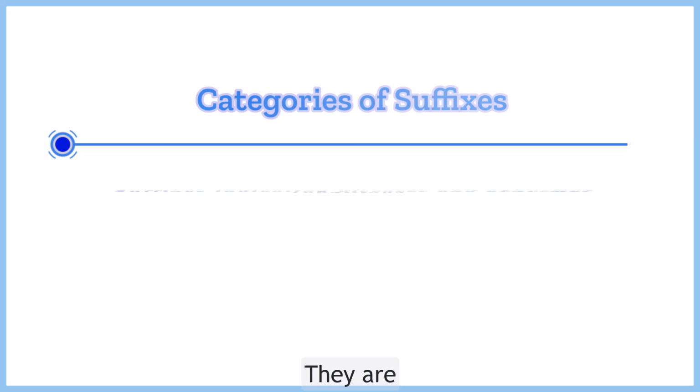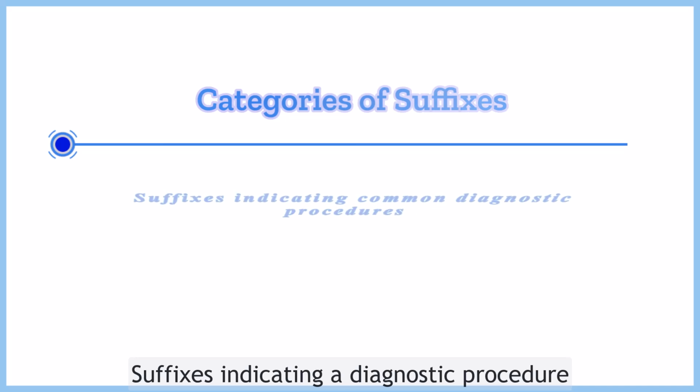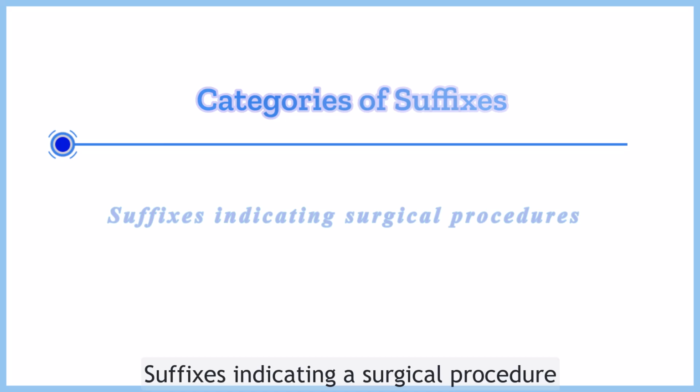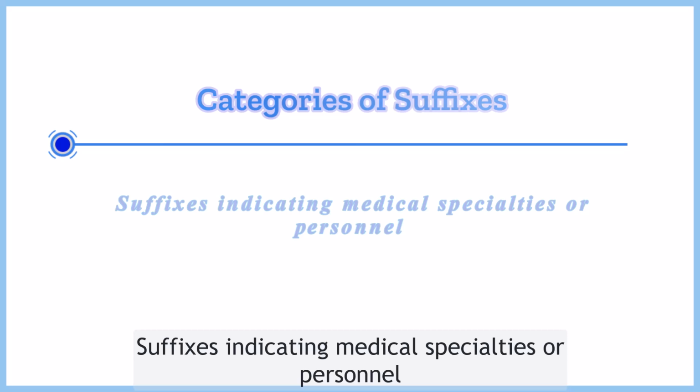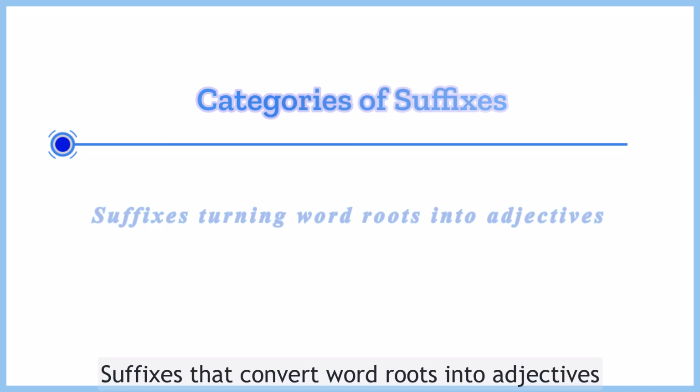They are suffixes indicating diseases or abnormal conditions, suffixes indicating a diagnostic procedure, and suffixes indicating a surgical procedure. Suffixes indicating medical specialties or personnel. Suffixes that convert word roots into adjectives.